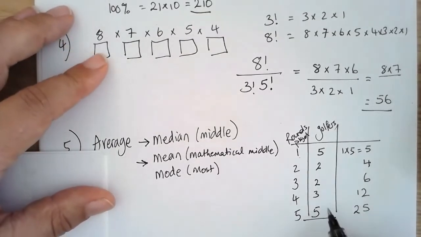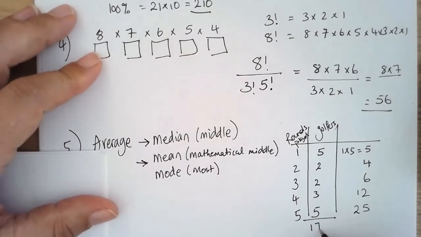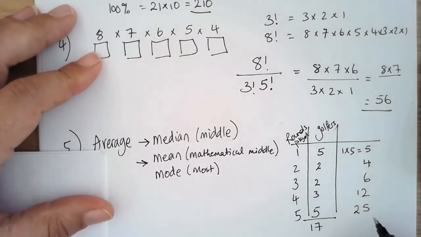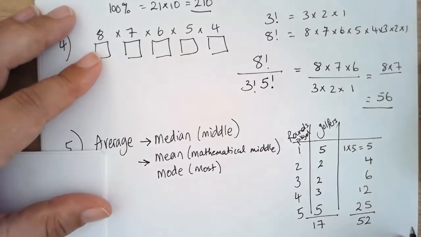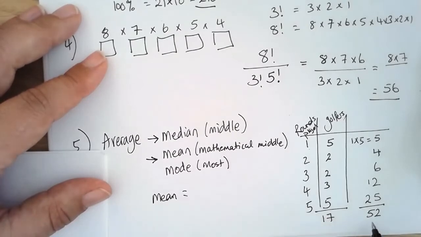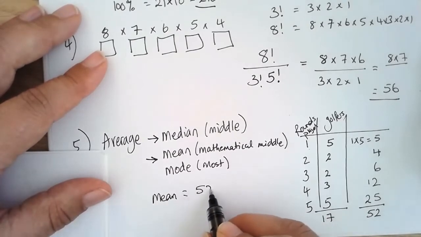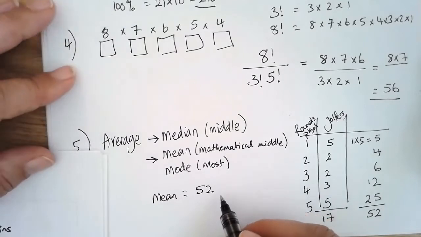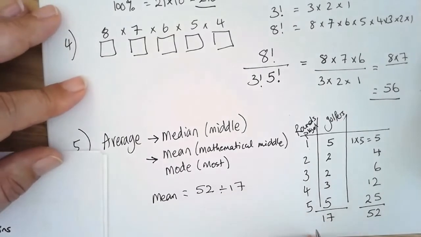When I add up to find the total number of golfers, I get 17. When I add up to get the total number of rounds played, I get 52. And the mean is calculated by taking the 52 and dividing it by 17.